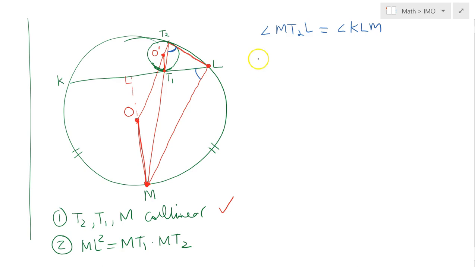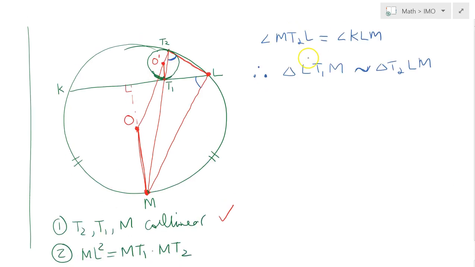So therefore, it must be the case that the following two triangles are similar, namely triangle LT1M is similar to triangle T2LM. Now it is easy to establish the desired result.